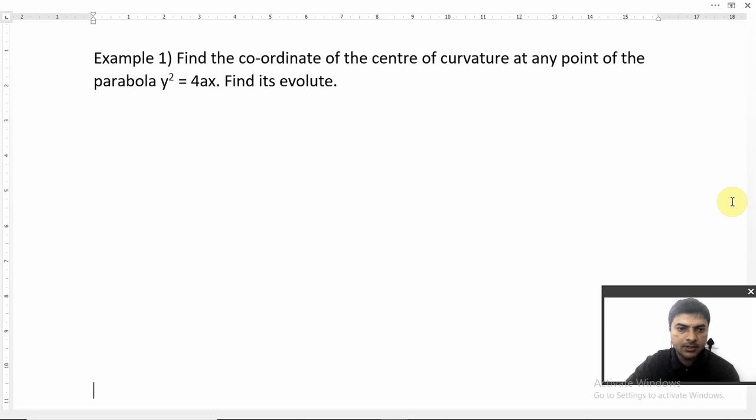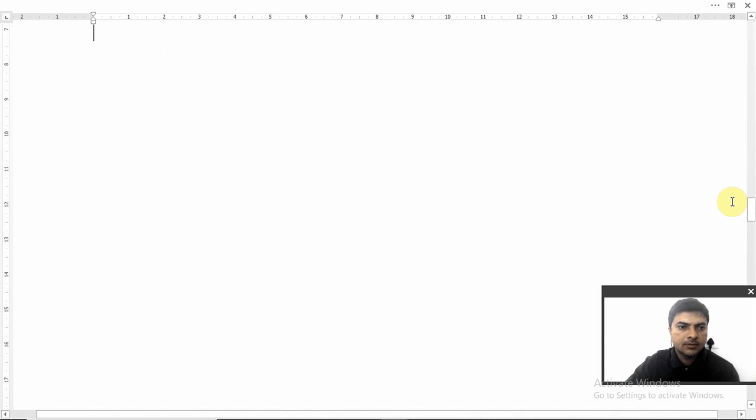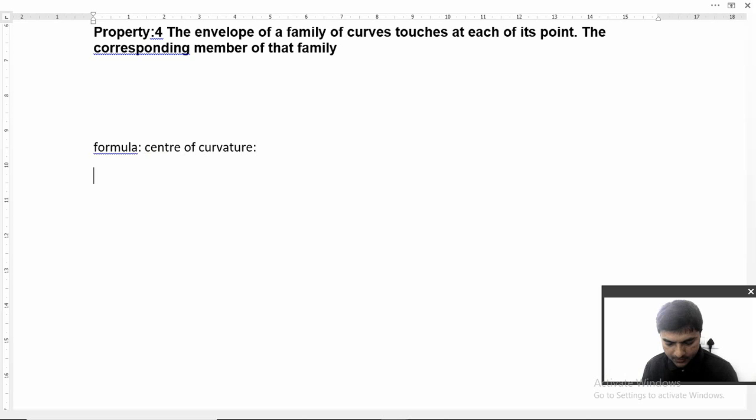I think I have not given it in this video, so let me give the formula for the center of curvature. Please take it down, students. The center of curvature formula is given at a point.